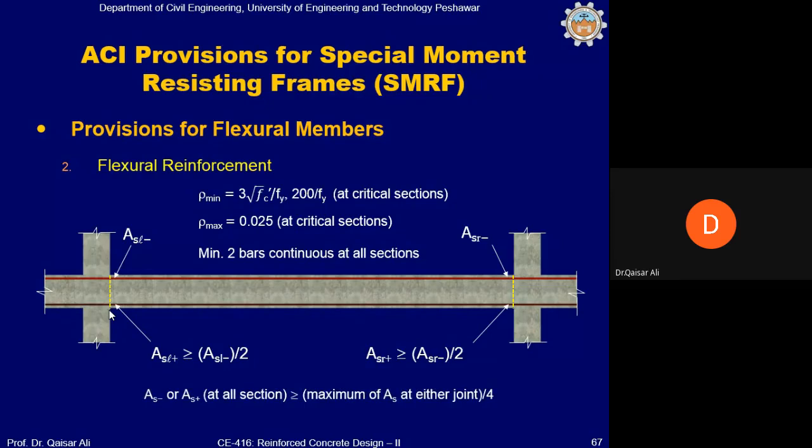At any other location, there is another requirement that As negative or As positive at all sections, meaning here at the top part of the beam, mid span top, mid span bottom.